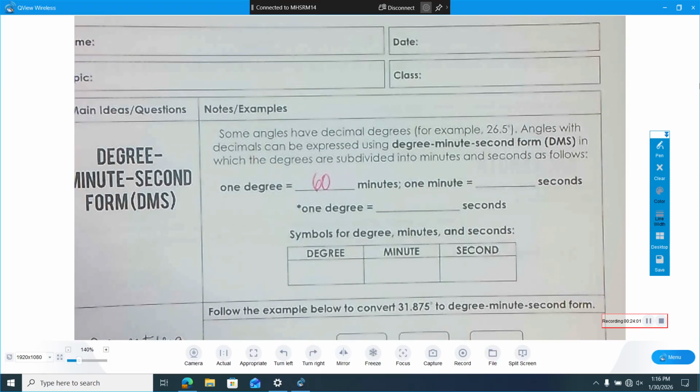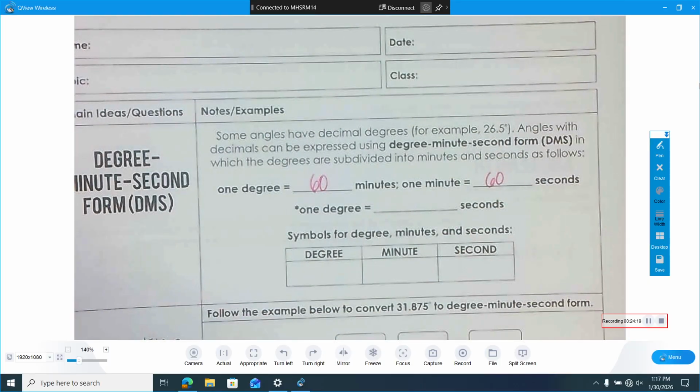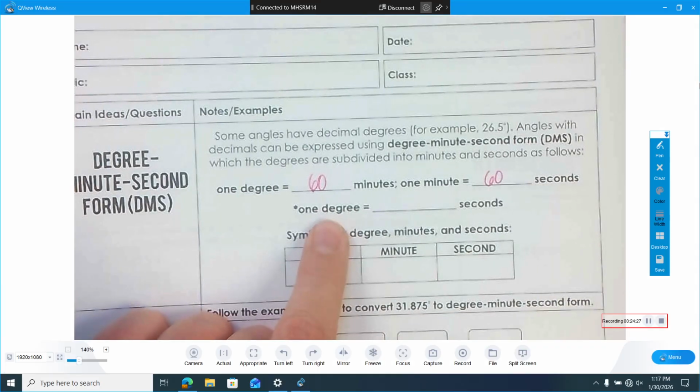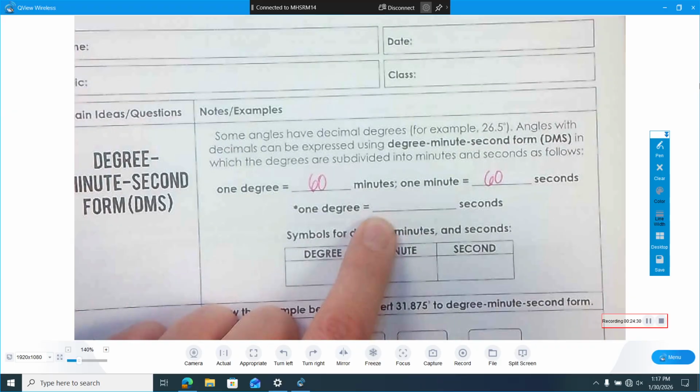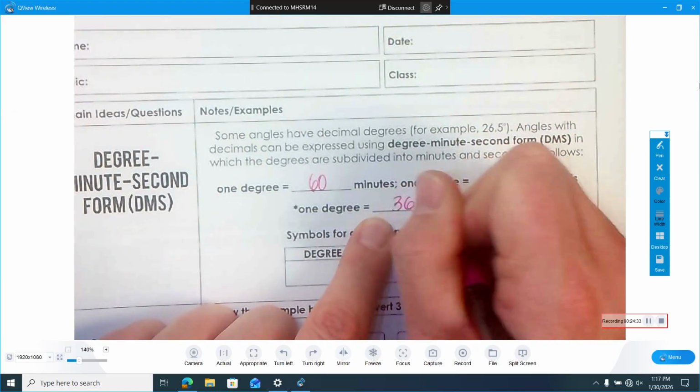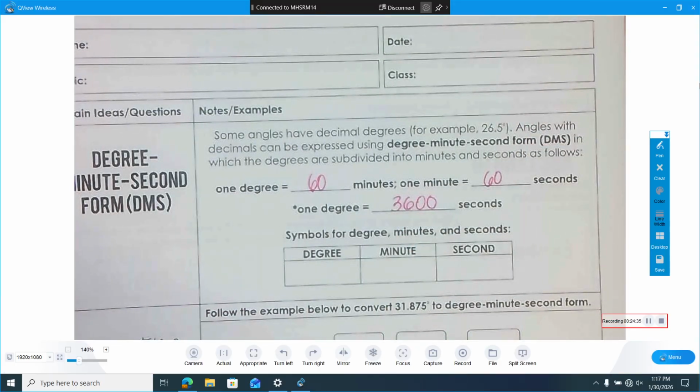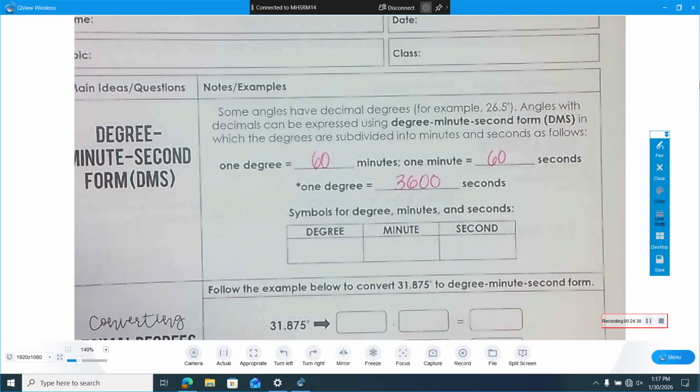Then I take one of those little minutes, and that gets wider as you move out, and I divide that 1 minute again into 60 seconds. So 1 whole degree has how many total seconds? 60 times 60, 3,600 seconds.